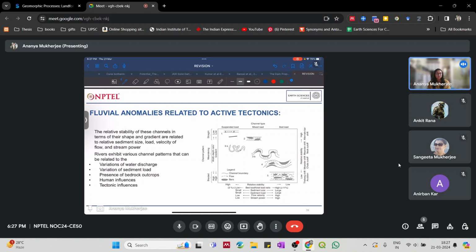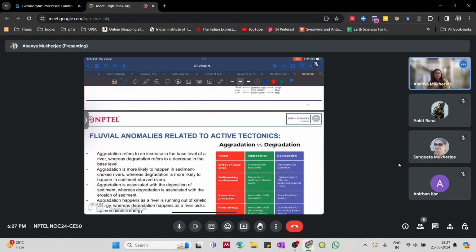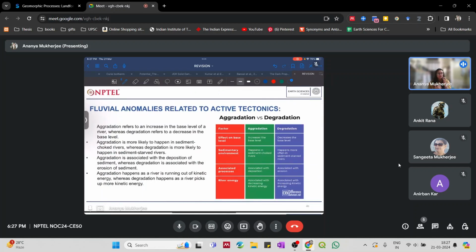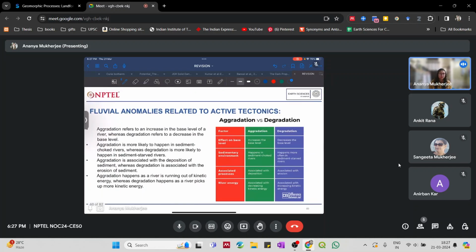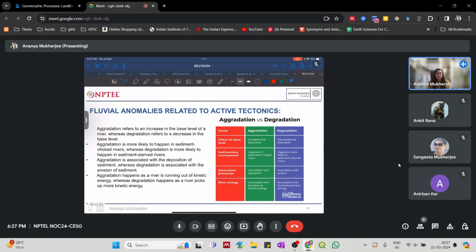So the changes in channel patterns from 1 to 3, 4 and 5 can happen even when we have variation in the tectonics of the area. So when you have tectonics playing a role in changing the landscape, you can have two types of processes.